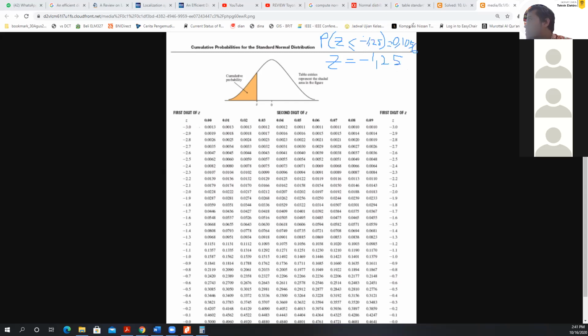Let's check. Minus 1.2 and 5, this one. Okay, let's check. Okay, this one. So this is equal to this one, the boxed value. Okay. Any questions?